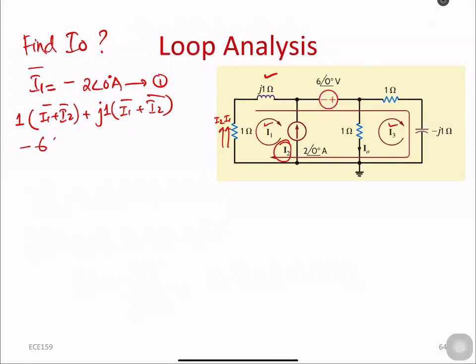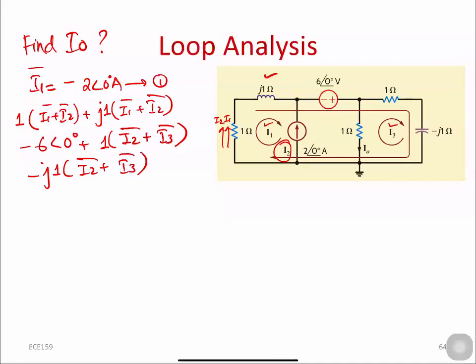So we will write -6, plus in the 1 ohm, we again have two currents flowing, I2 and I3, both in the same direction, so we simply write I2 plus I3. And then we have a capacitor, -J1, I2 plus I3 equals 0. This is my second loop equation.